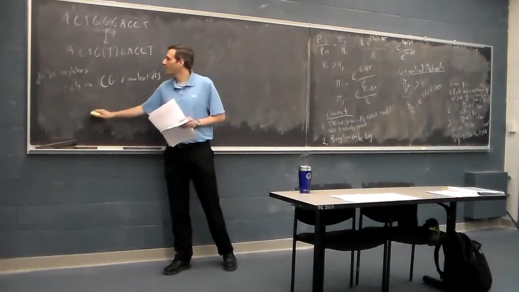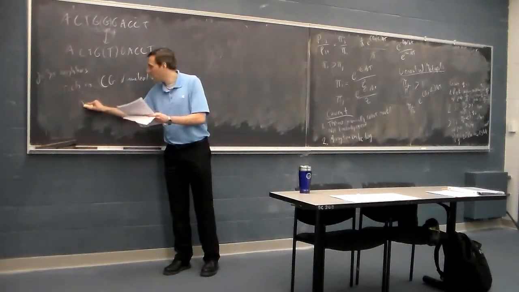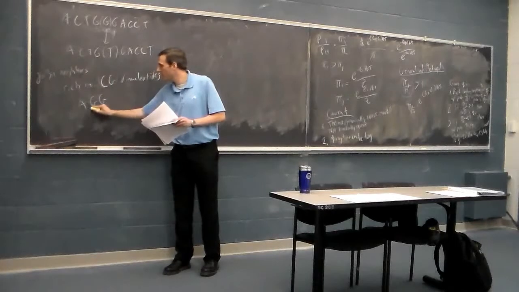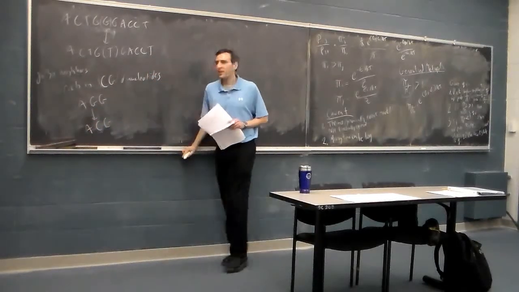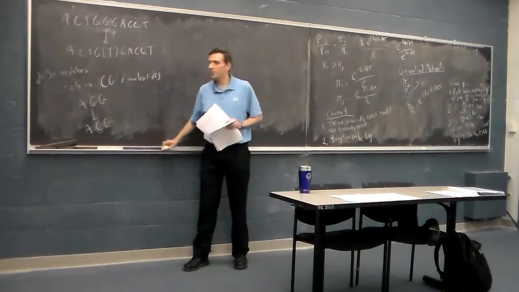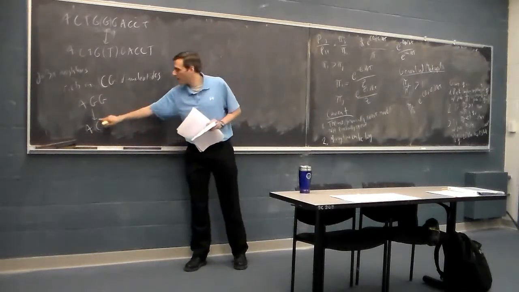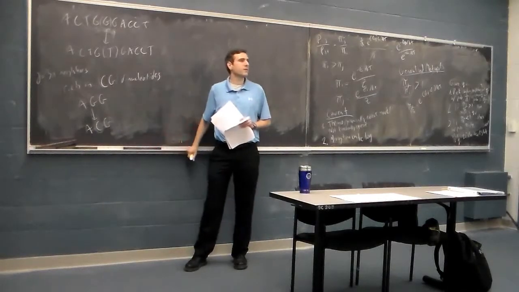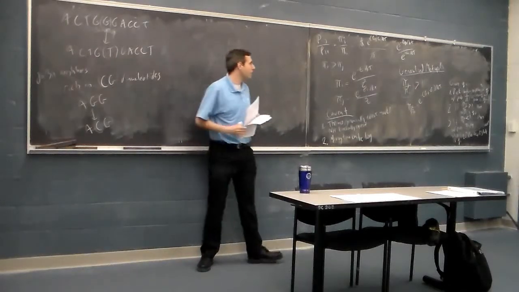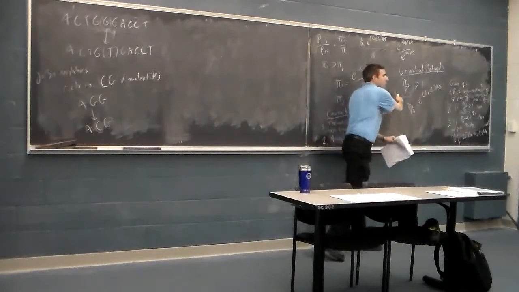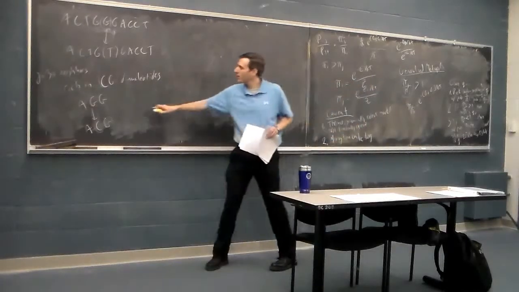So if we've got, let's say, a sequence AGG, and we transform that to ACG, then we would say that we've created a new CG pair, so that would have double the probability. Well, that's something where we would then have an easy way of coming up with pi j over pi i. We look at our two states.